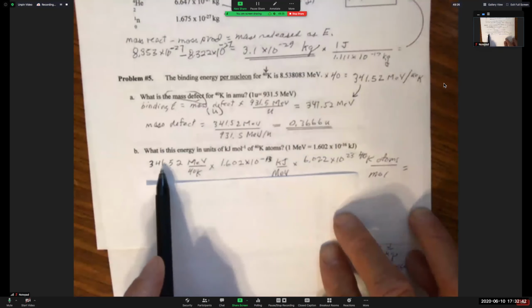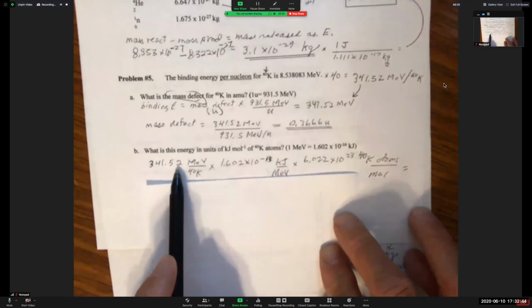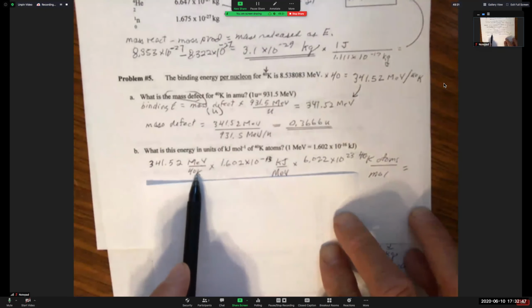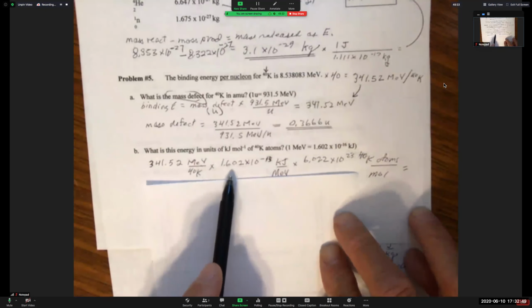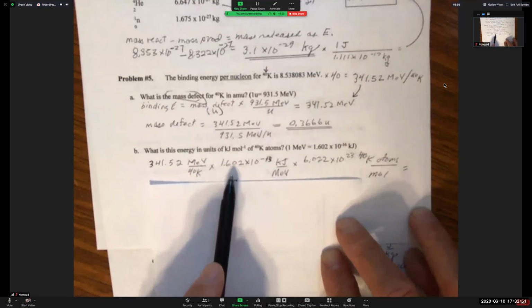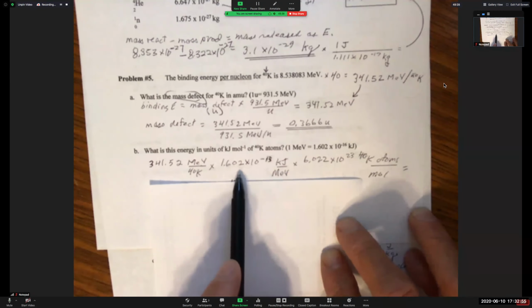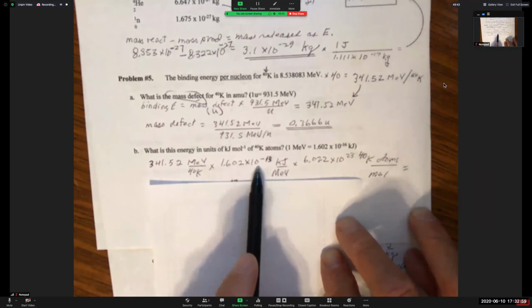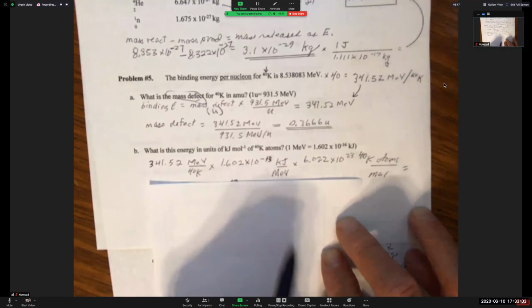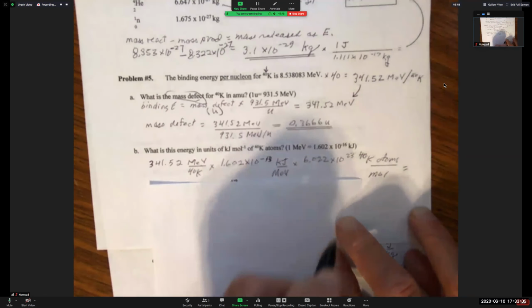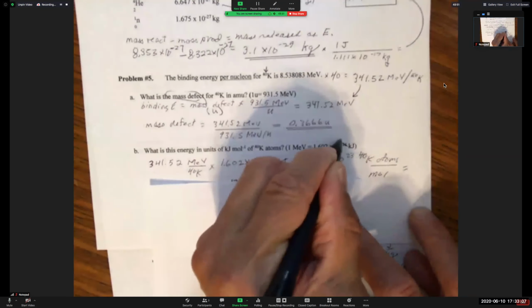So we have 341.52 million electron volts in a potassium-40 atom. If we multiply it times our conversion factor to get kilojoules per atom, we multiply that times 1.602 times 10 to the minus 13. This should be 13, not 16, sorry, minus 13.